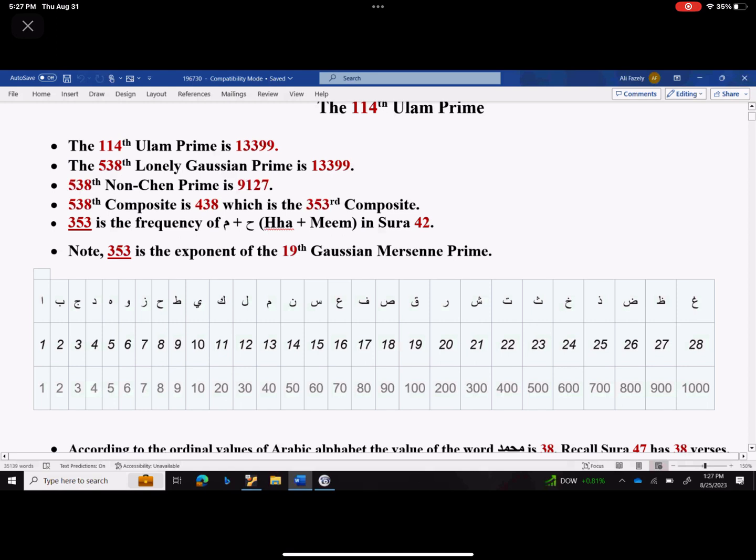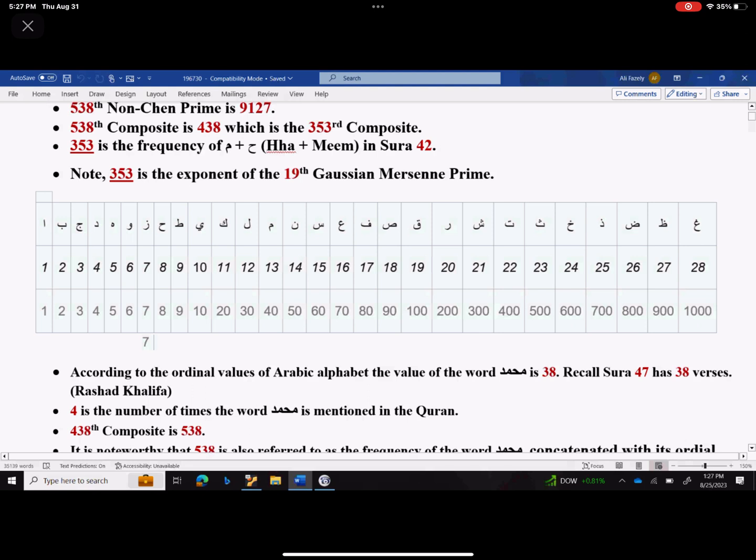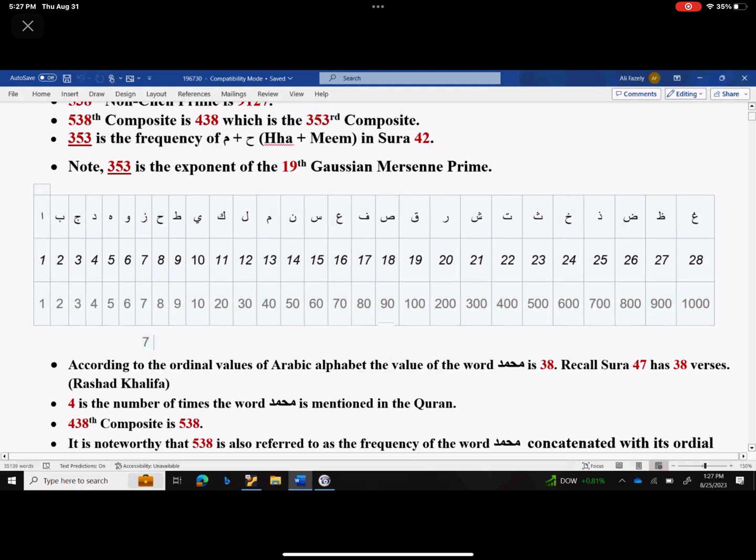Because what this whole thing is telling you, when the 538th non-Chen prime is 9127, it tells you that it came out of Muhammad's mouth. That's what it tells you in the language of mathematics.